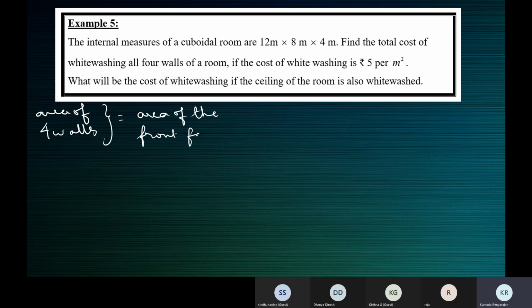So of the 4 walls, one is the front face of the cuboid, one is the back face of the cuboid, and there are 2 more walls. So see, this is 1 wall, this is the other wall, and these are the remaining 2 walls. 4 walls. Is this understood?